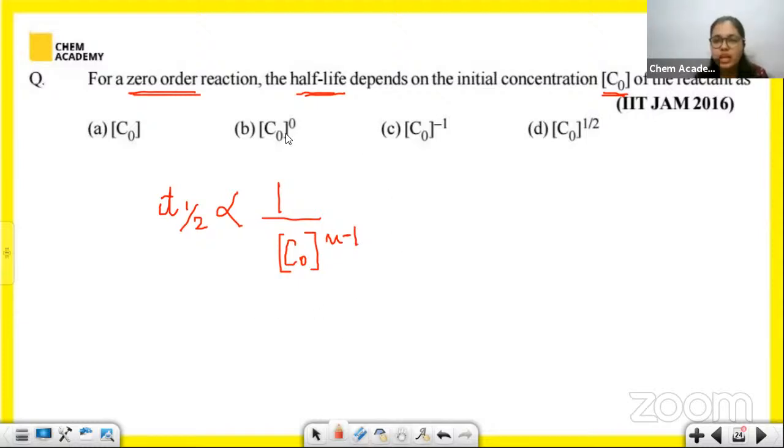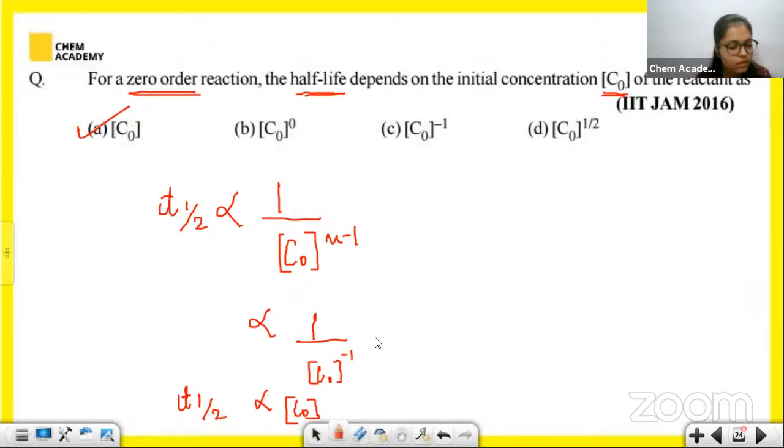Okay. So since it is zero order, we will take the value of n to be 0. So it will become C naught raised to the power minus 1. So to remove this minus, we will take it to the numerator. So it will become C naught. So therefore, we can easily say that T half is directly proportional to C naught. So the correct answer would be option number A.